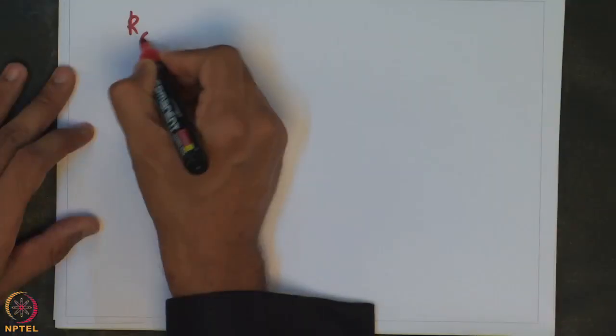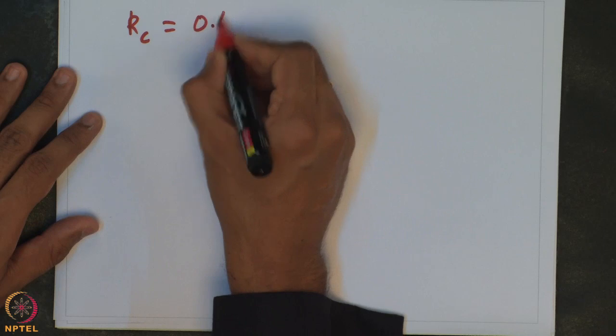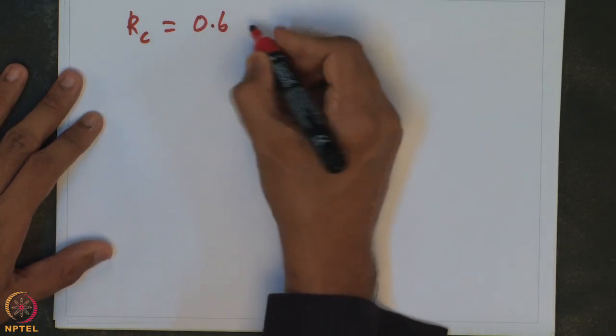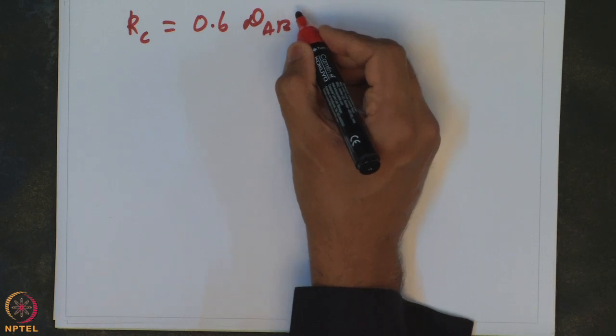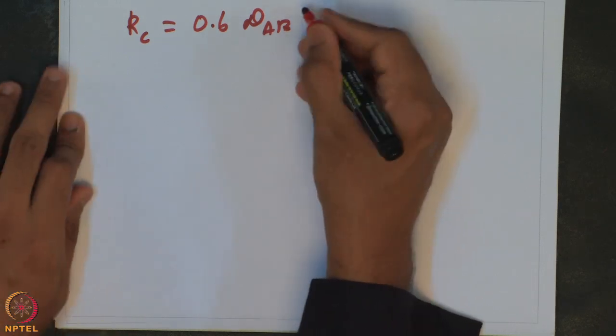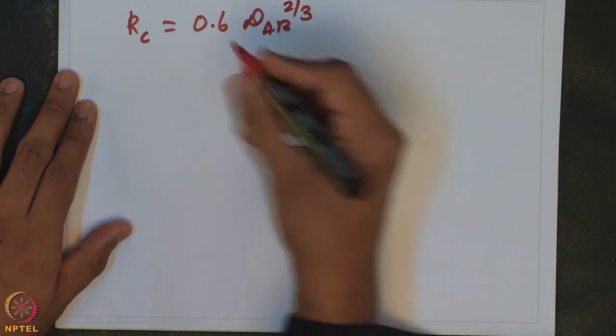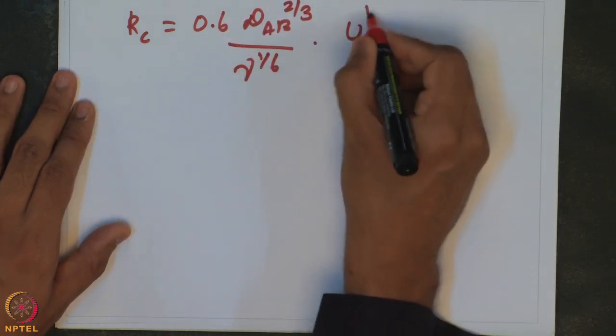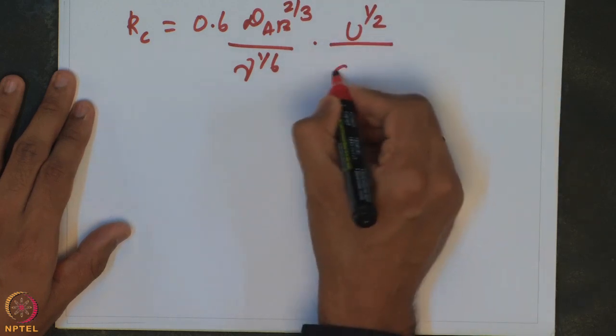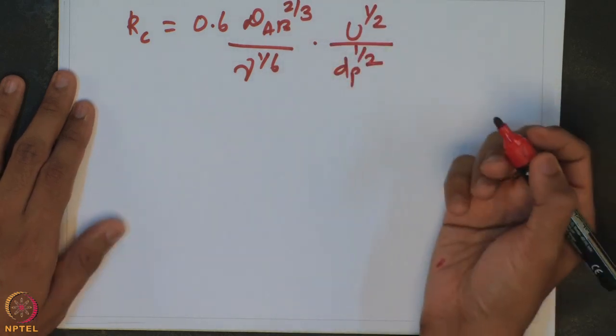We can now rewrite this slightly in a different fashion. If we regroup the terms present here, we can rewrite this expression as Kc equal to 0.6 times D_AB to the power of 2 by 3 divided by nu to the power of 1 by 6, multiplied by u to the power of half divided by d_P to the power of half.